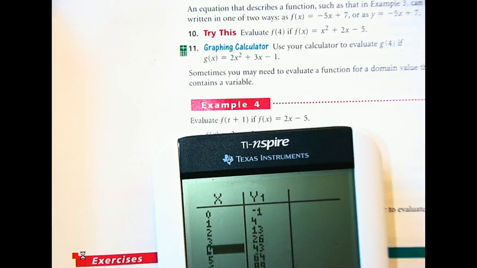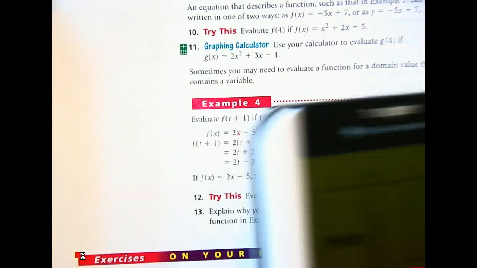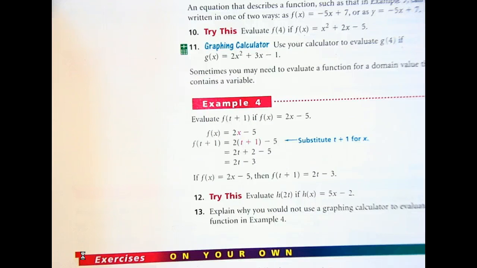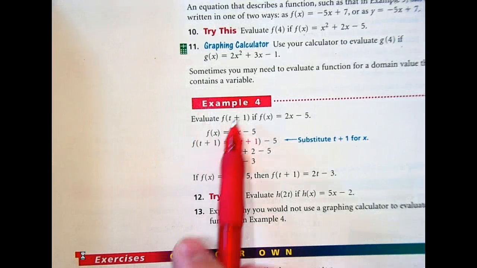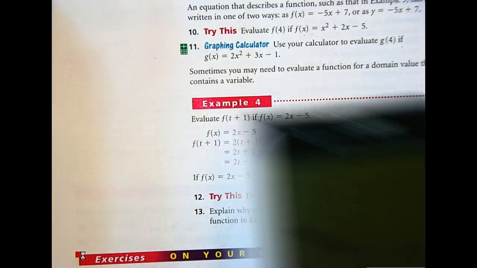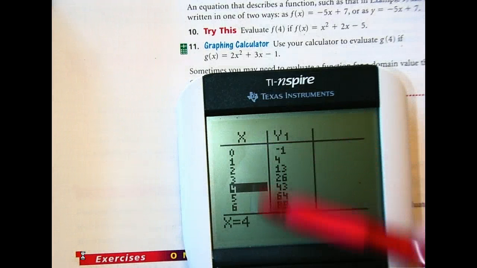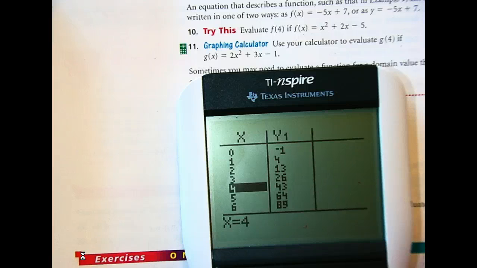Where is t plus 1 on your x-axis? We don't know. We'd have to know what t is, and we don't. You can't find the variable in here. That's why you wouldn't use your graphing calculator to evaluate that, because you can't find this amount, t plus 1, in the x part of your graphing calculator screen.